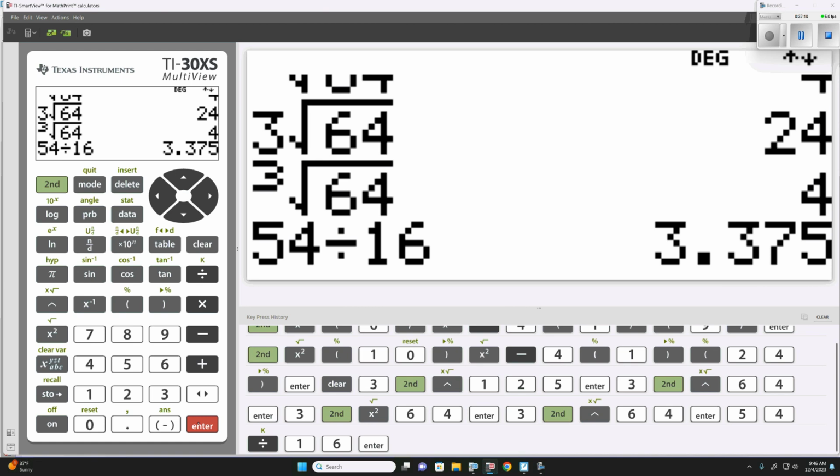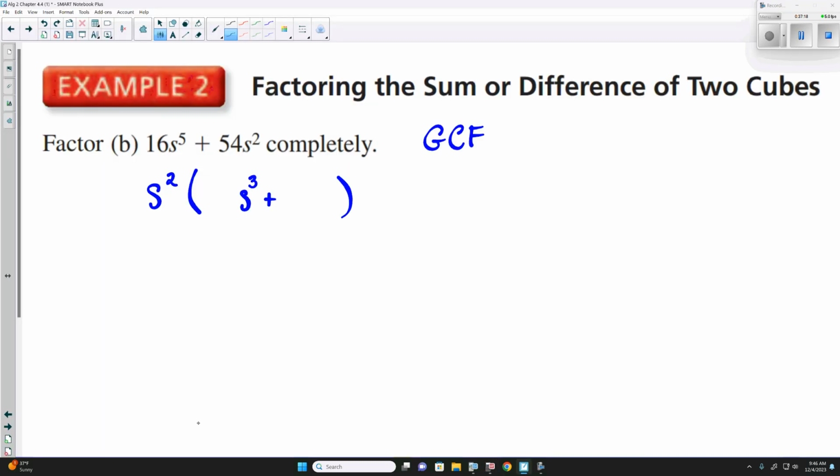So 54 does not divide by 16, unfortunately. But we do know for sure that 2 does work, yes?